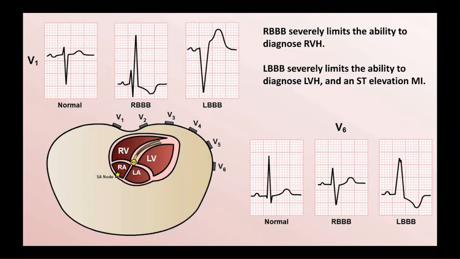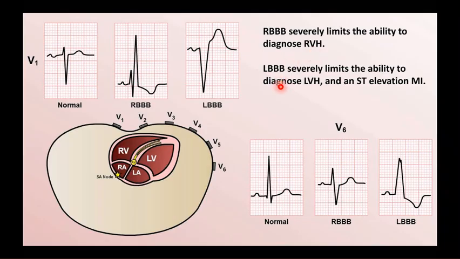Okay, so when we talk about a right bundle branch block, it really limits our ability to diagnose right ventricular hypertrophy. And by the way, there is going to be coming out another little video mini course, accredited CE course on identifying chamber hypertrophy on the 12-lead ECG, which includes both atrial and ventricular hypertrophy.